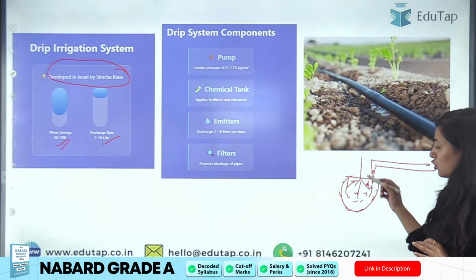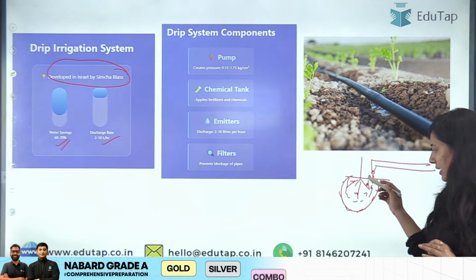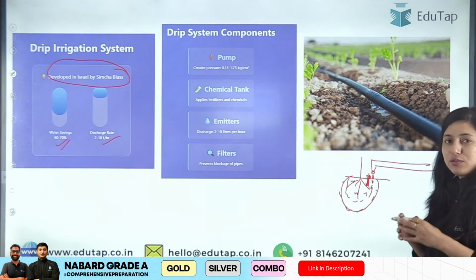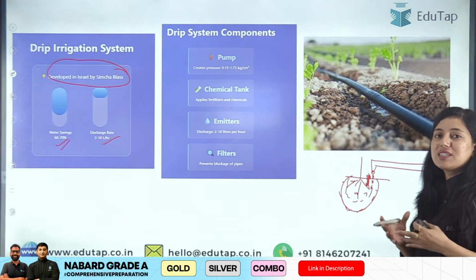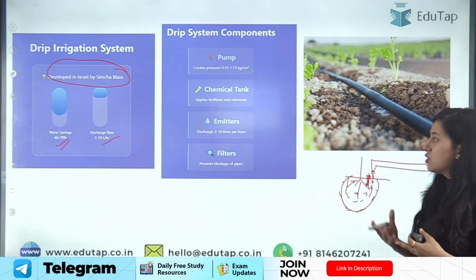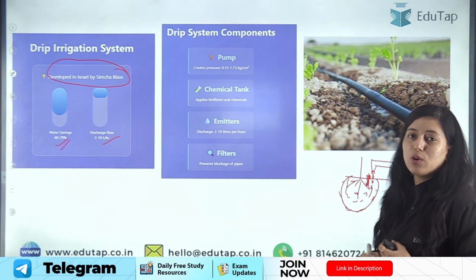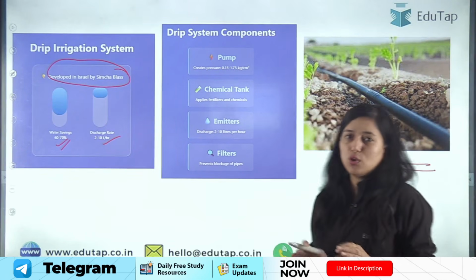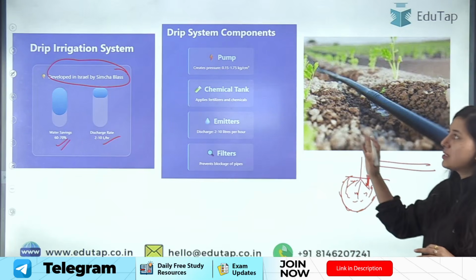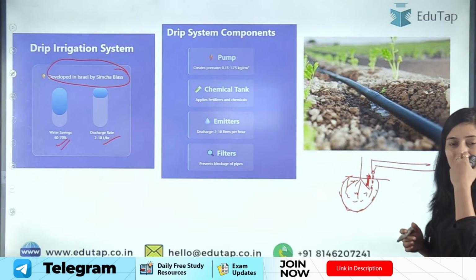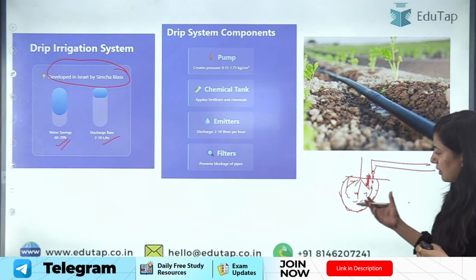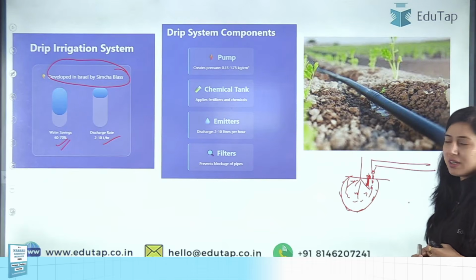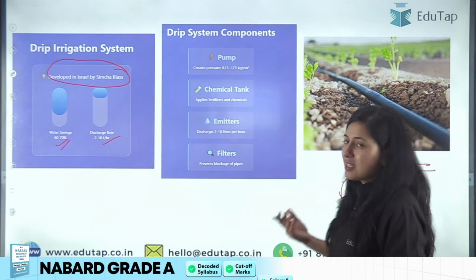Then drop by drop it is released. So in this way we are saving a lot of water, right? So it is efficient in areas where water scarcity is there. Though installation charges of drips and everything are high, once installed, a lot of water saving can be done from here, right?